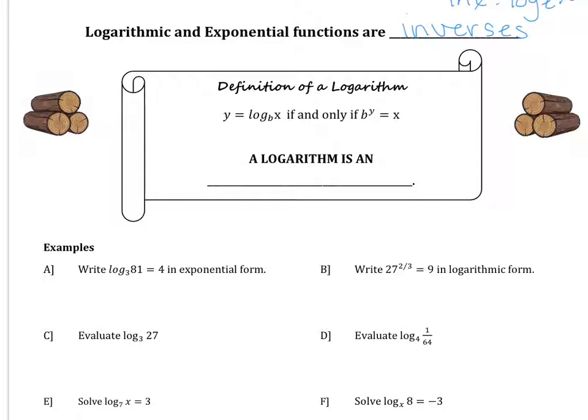So again, a logarithm is simply an exponent. It's another way to write an exponent. These two forms are interchangeable, and one form may be more useful than another depending on what it is that we're being asked to find.